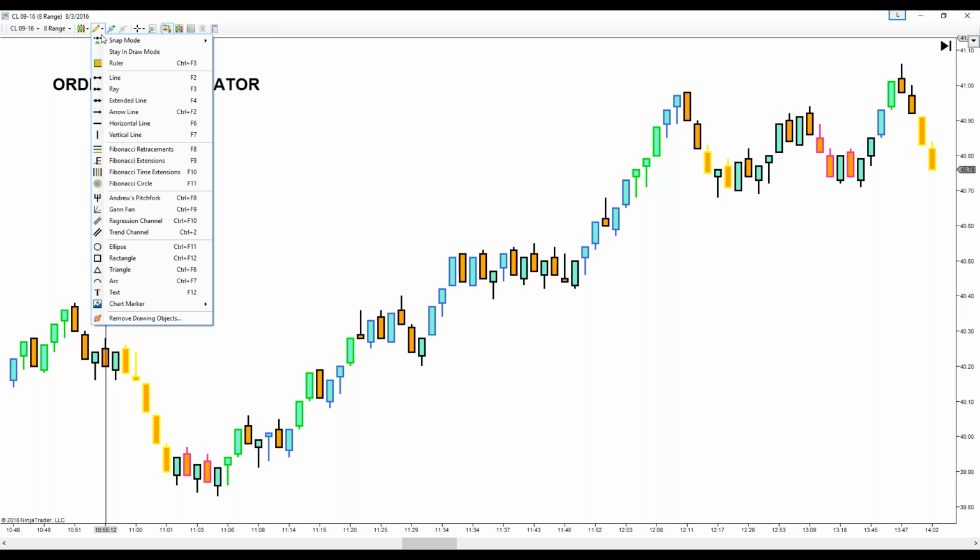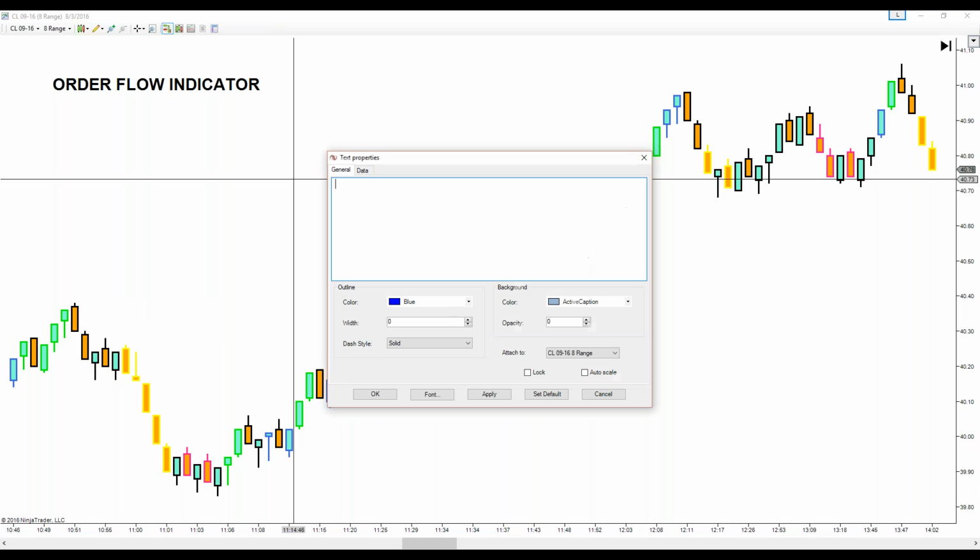And what it's looking for on each candle is determining whether there is an excess of executed buy orders compared to the previous candle, or an excess of executed sell orders when compared to the previous candle.